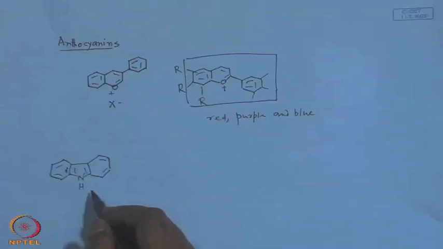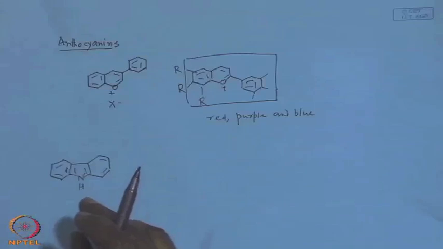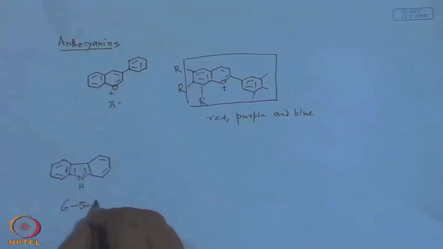So, when I say carbazole, it is a nitrogen heterocycle, then we say ring size. What is ring size? I would say like this: 6 5 6. It makes sense, right? So without writing you can simply say carbazole is a nitrogen heterocycle, a 6 5 6 system.